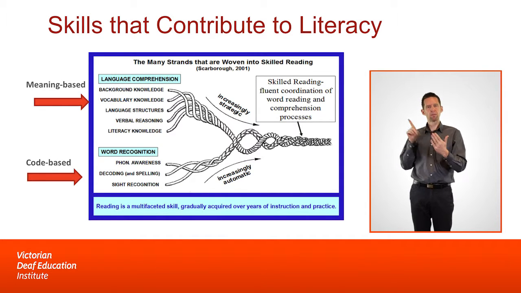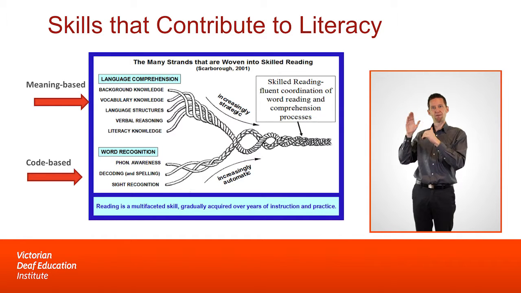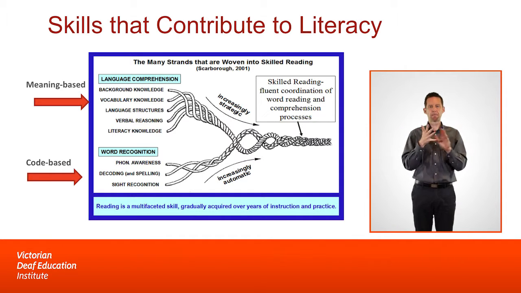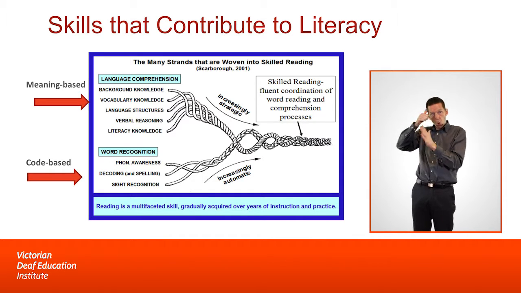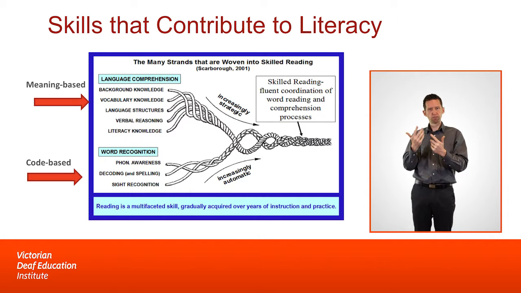So let's quickly talk about the skills that contribute to literacy. If we look at Scarborough's strands theory, we see that there's a language comprehension artery and a word recognition artery. And within each of those arteries, there are specific skills. For the language comprehension artery, we're talking about meaning-based skills, so background knowledge, vocabulary knowledge, verbal reasoning.